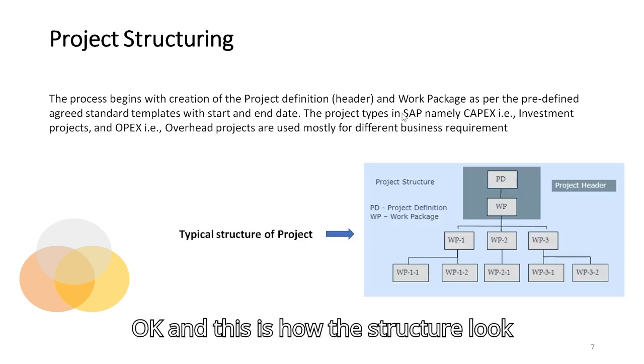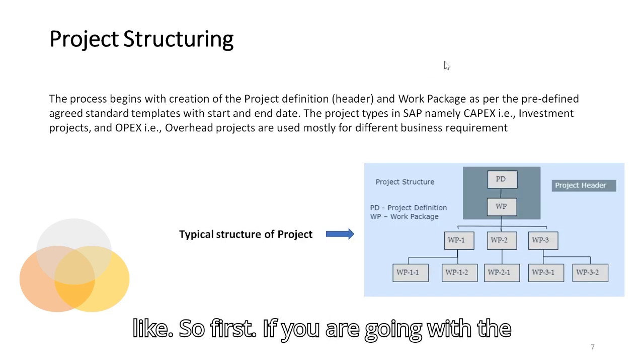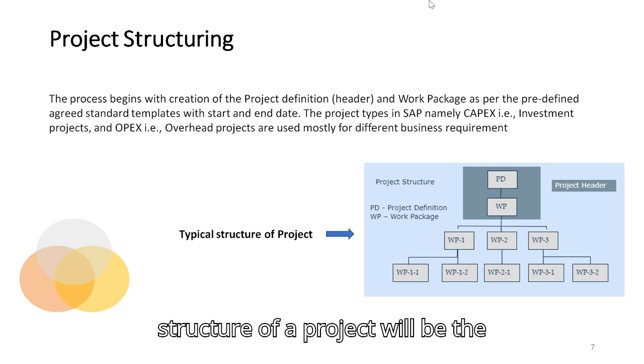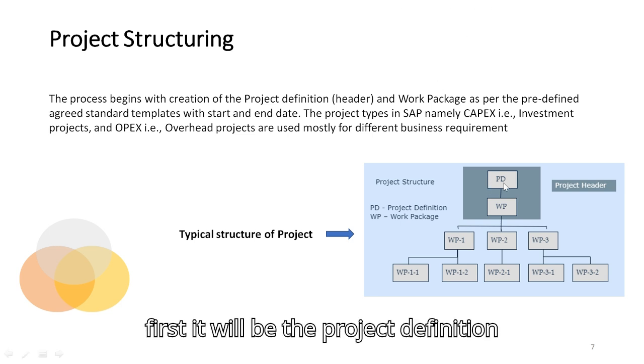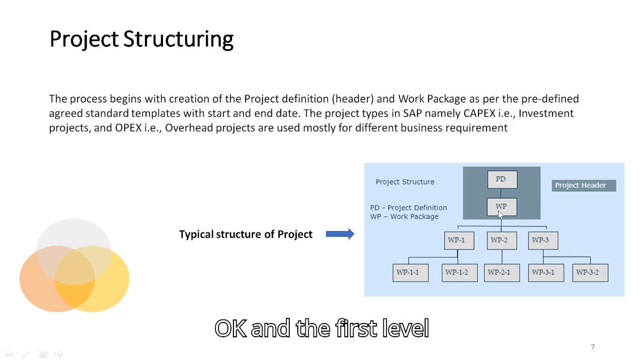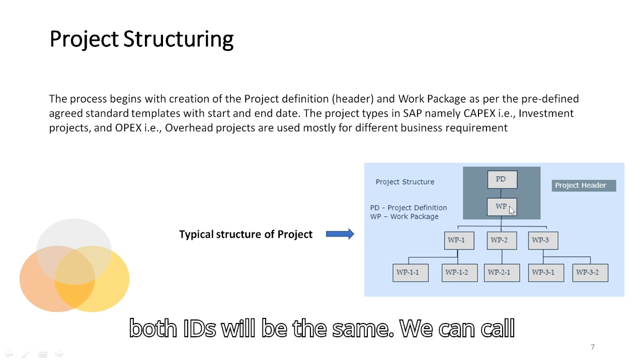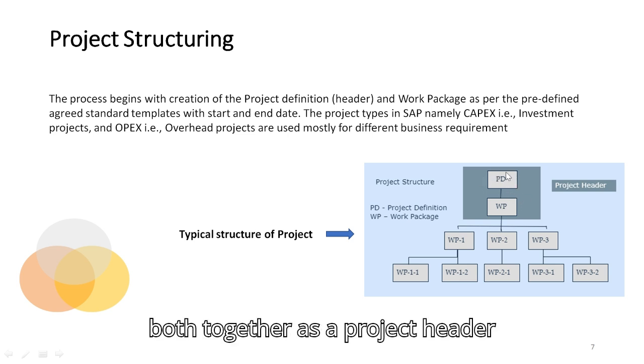Okay, and this is how the structure looks. If you are going with work packages, the typical structure of a project will be, first, the project definition and the first level WBS or work package. Both IDs will be the same.